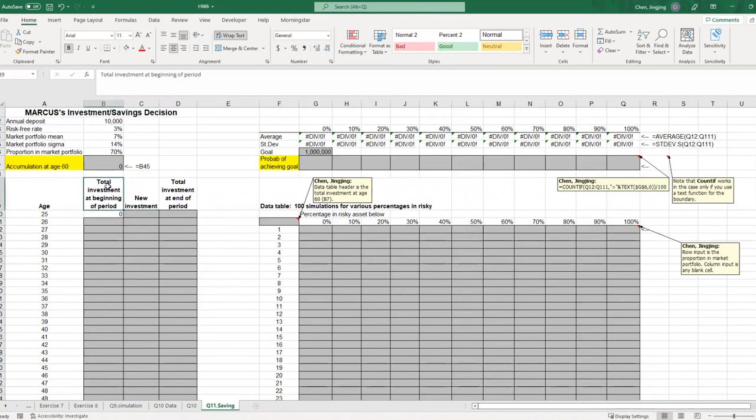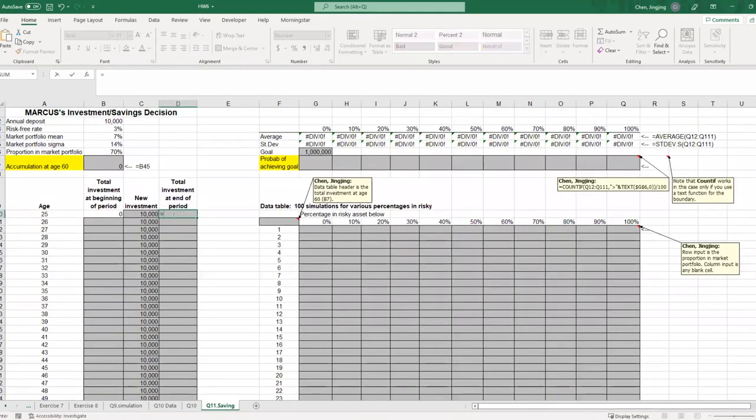And the investment plan can be set up in this way. So his new investment every year will be $10,000 savings deposited to his investment account.